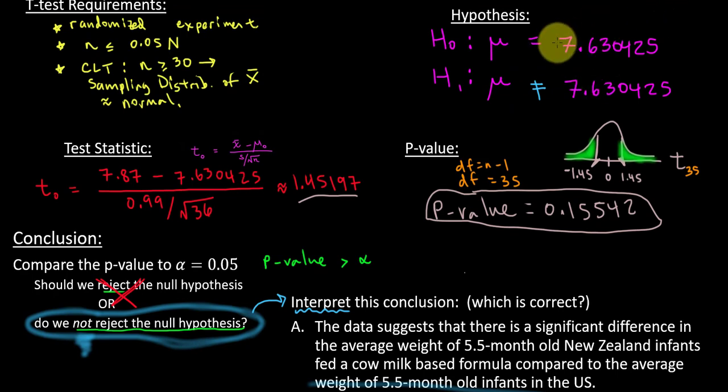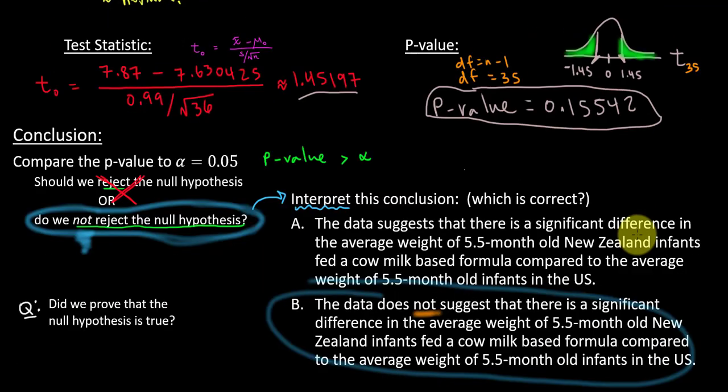No. Because we're not just detecting a difference, we're actually detecting if there's a significant difference. So did we just prove the null hypothesis is true? Absolutely not. No.